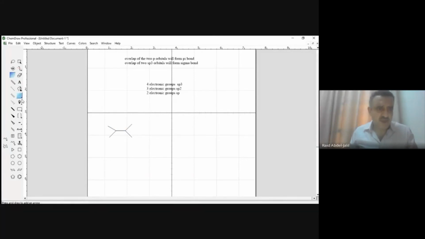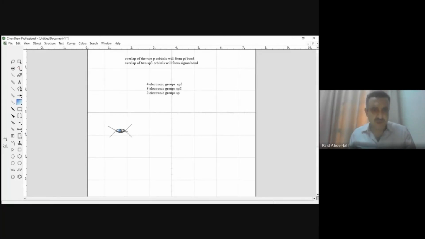So this bond here, we will imagine that it has been formed by the overlap of sp3 with sp3. This overlap between the two carbons is what makes the first sigma bond between the two carbons. Then on each carbon, there will be a remaining p orbital, which will overlap with each other.